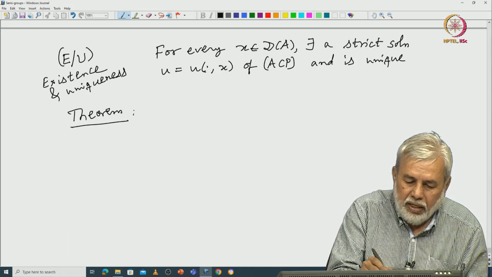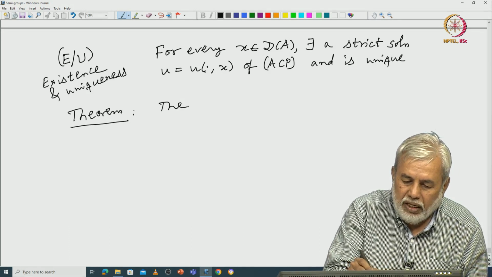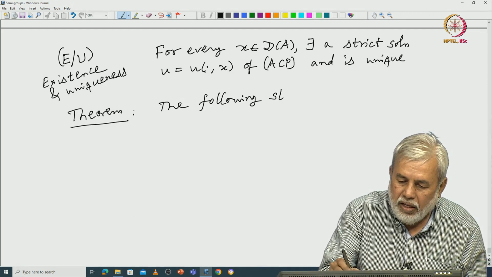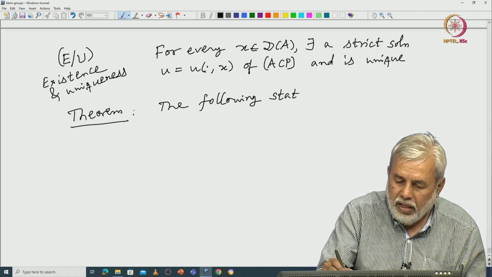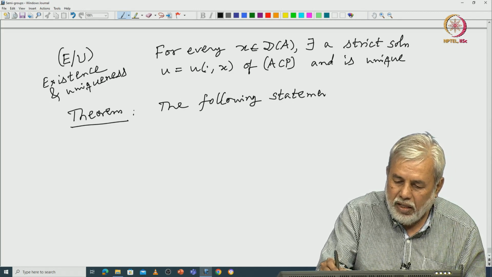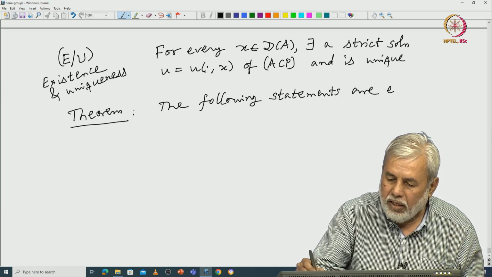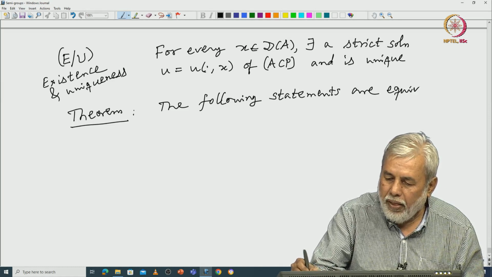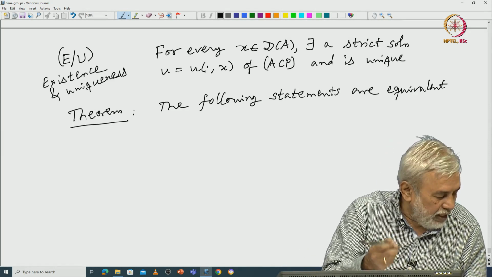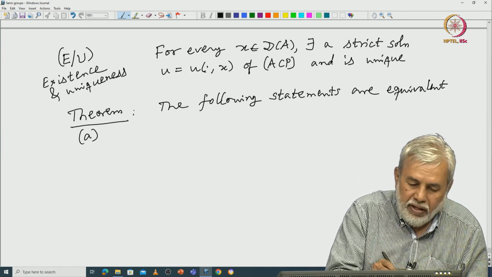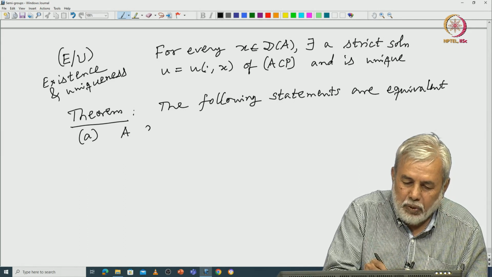The following statements are equivalent. So there are 4 conditions. Let me just write that. A generates a semigroup.